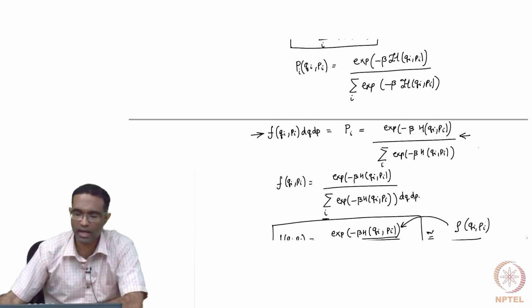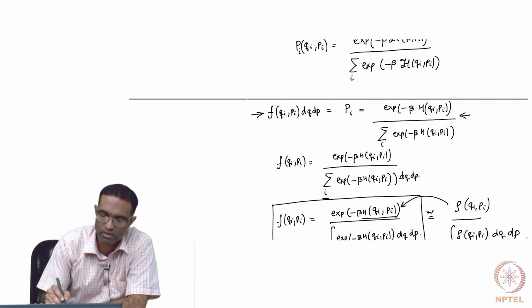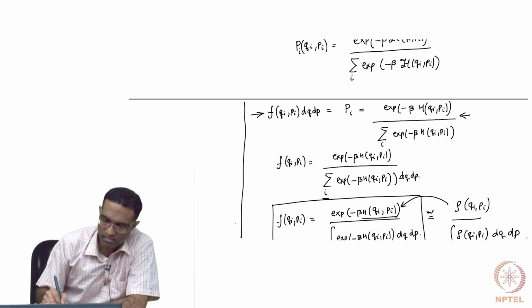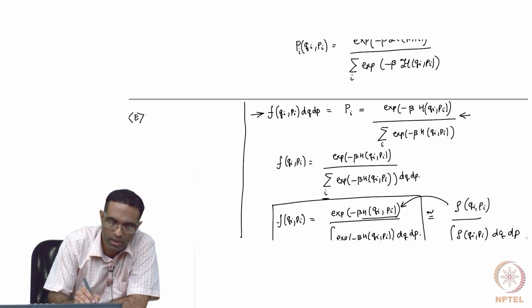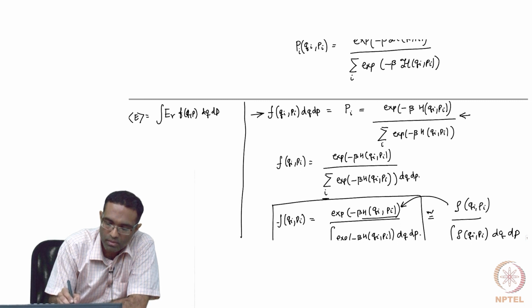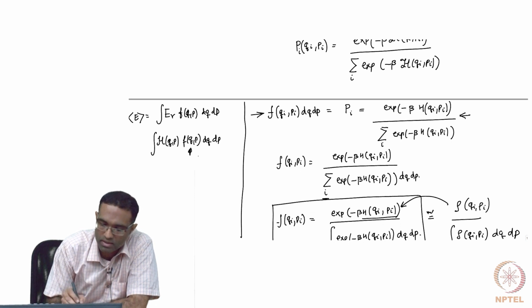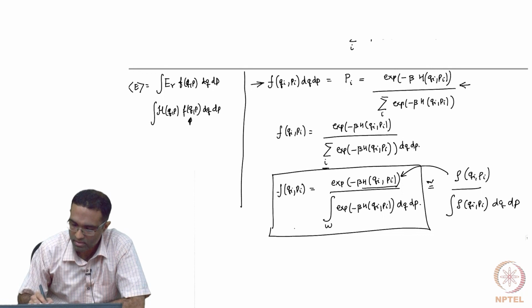Okay, so what is the average energy of the system? The average energy of the system, or any quantity, is nothing but the integral of the energy times f, or the average energy is nothing but the Hamiltonian times the probability that that particular p and q occur, and this is nothing but this.